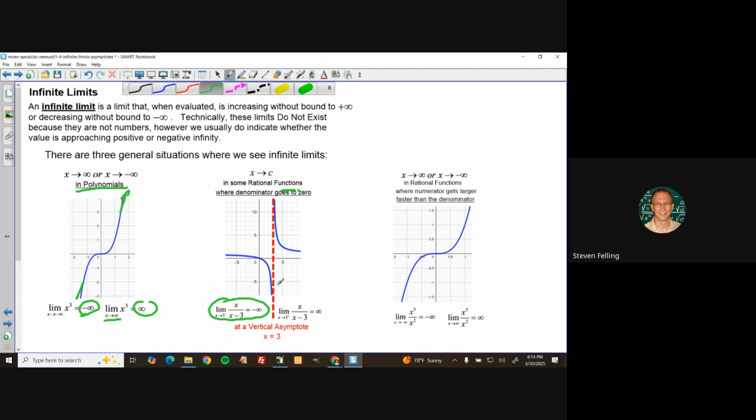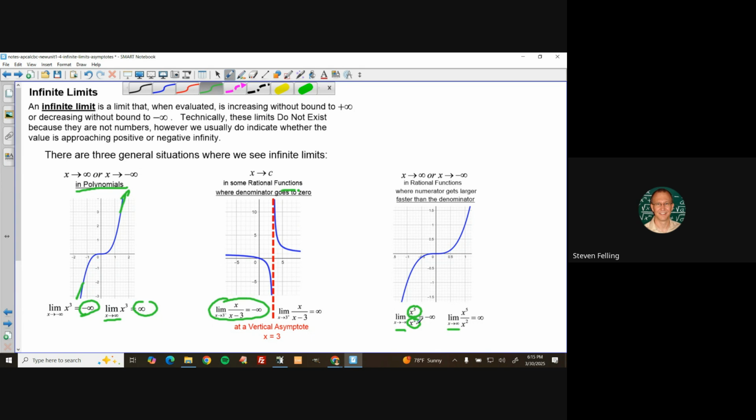But we also get infinite limits whenever we're approaching the position in x where we're about to divide by zero. And then the last case is if you have a rational function that does not have a zero that's canceled, and we're back to the situation where x goes to infinity or negative infinity. It depends upon the degree of the denominator versus the numerator. If the numerator is going off to infinity faster than the denominator, then there's a tug of war between the two, right?